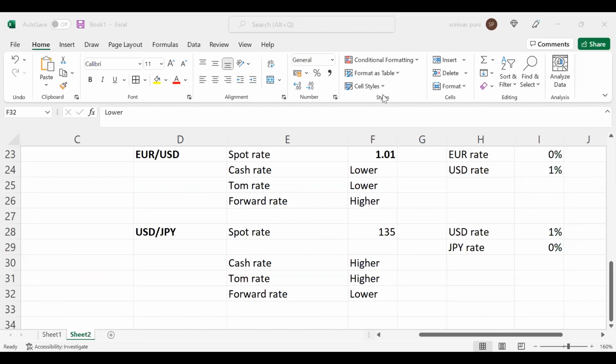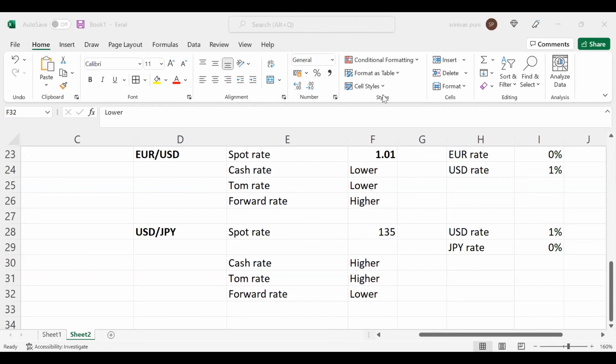Or put differently, the currency with the higher interest rate will be at a lower value in the forward market. Now, what is the currency with the higher rate in this example? Dollar. Dollar will be at a lower value in the future market or the forward market. How much lower depends on the interest rate differential, but it will be lower in value.